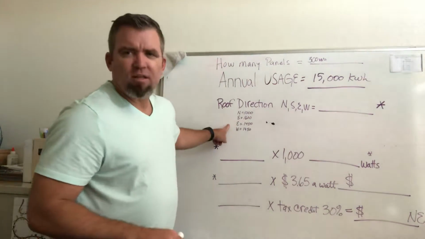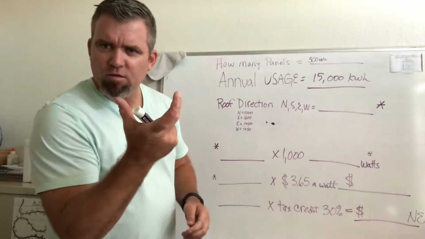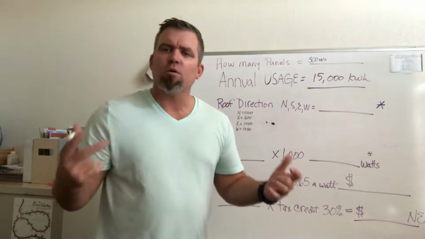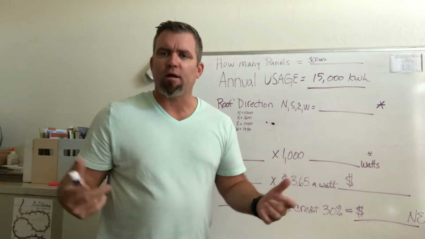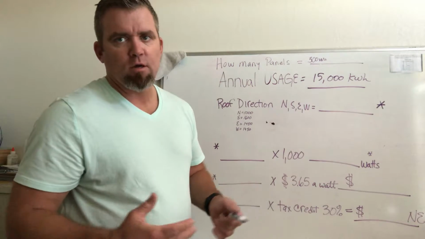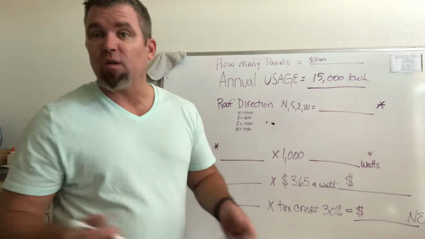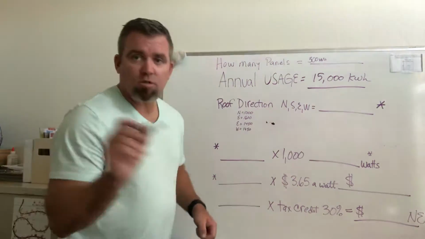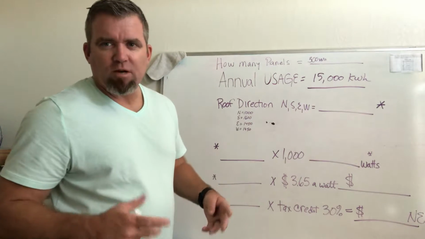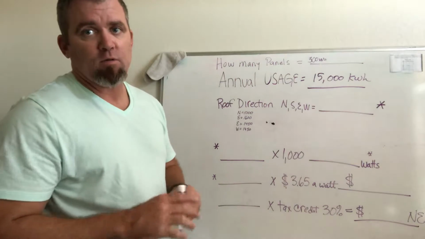The other thing is we need to know which position your house is. North, south, east, west is how we determine where the primary position of the panels is going to be. Typically, I see a lot of east-west. Ideally, we would love to be on the south-facing rooftop. Just to break it down, if we put solar panels on a north-facing rooftop, it only gets 1,000 light hours a year.